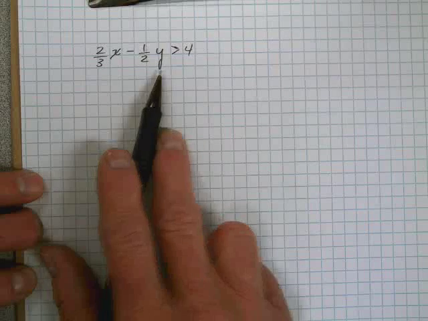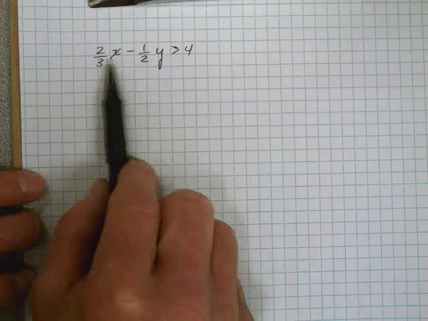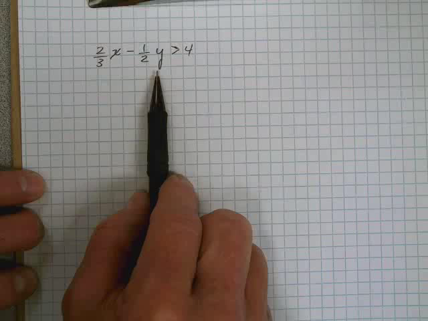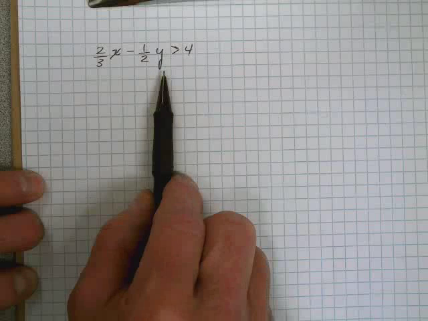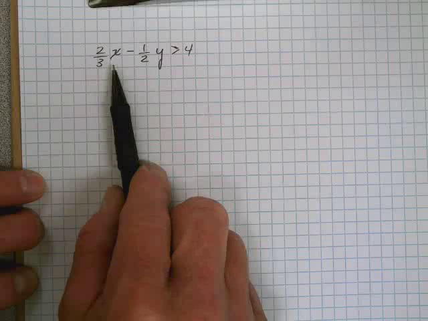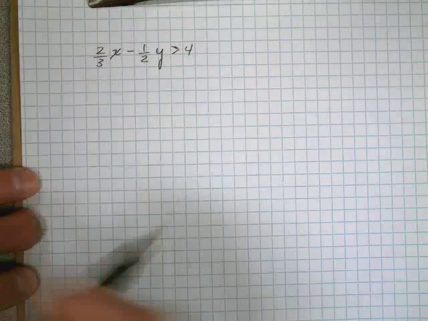So the first thing I want to do is recognize that this 2/3 x is on the same side of the inequality as y. I want to perform an operation to make that 2/3 x a 0. To do that, I'm going to add the additive inverse of 2/3 x to both sides of this inequality.